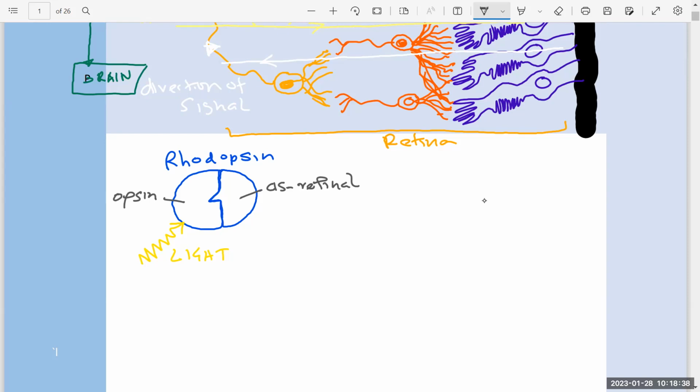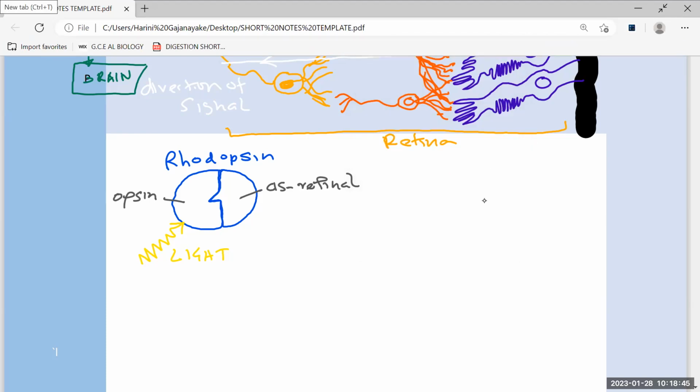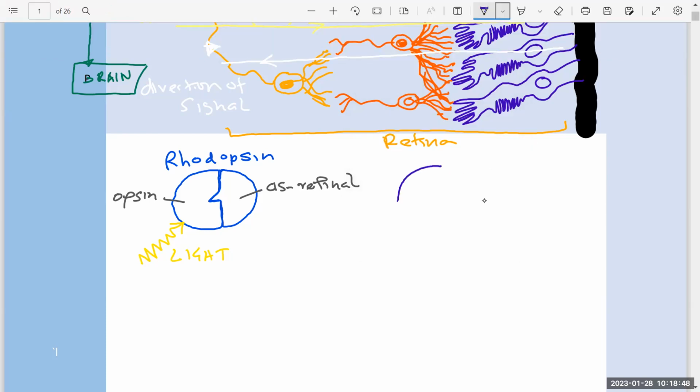So this change we can visualize this way. This is opsin, and this one now becomes transretinal. So what is the difference?